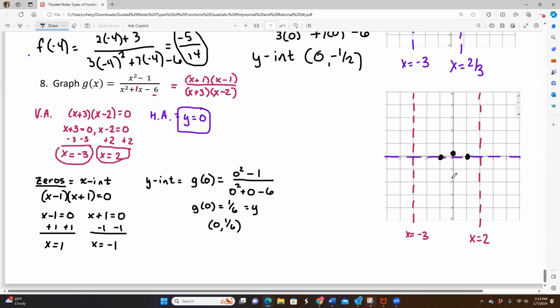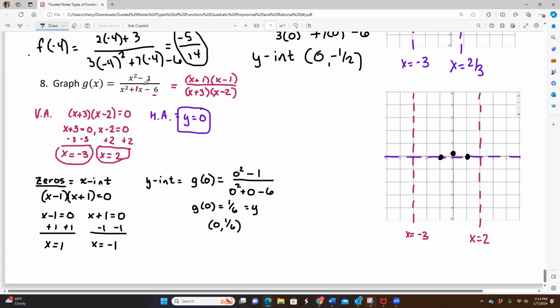All right, now let's see if we can graph part of this. I don't know what's going on to the left of my x equals negative 3 vertical asymptote, or what is going on to the right of x equals 2. But I do know that these are my only x-intercepts, so this curve is not going to cross the x-axis again, because we already found our x-intercepts.